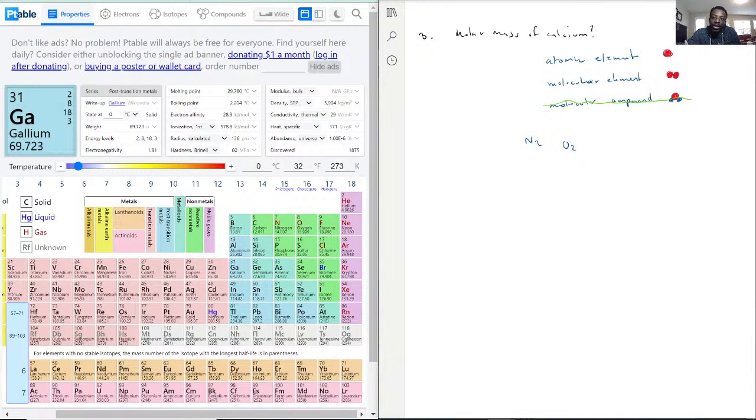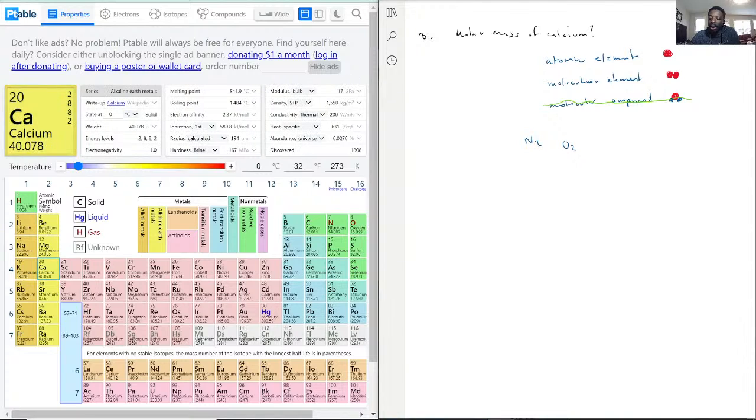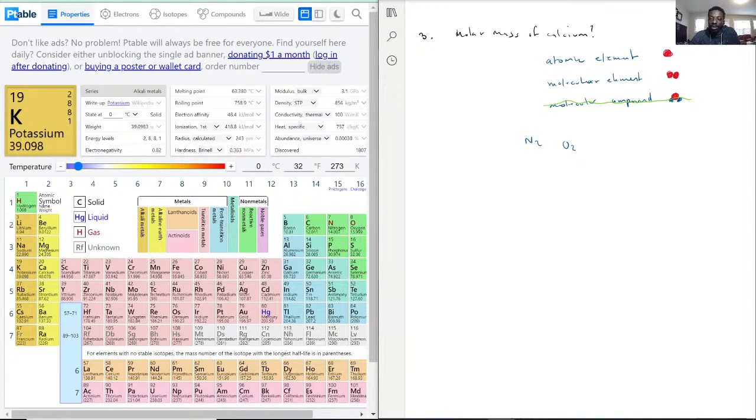Now what does calcium do though? Calcium is a metal, and typically metals are completely fine by themselves. They show up in nature as atomic elements, by themselves really. And that is the answer there. The reason that's important is that now you know calcium is an atomic element.